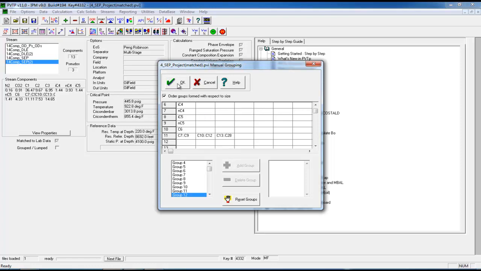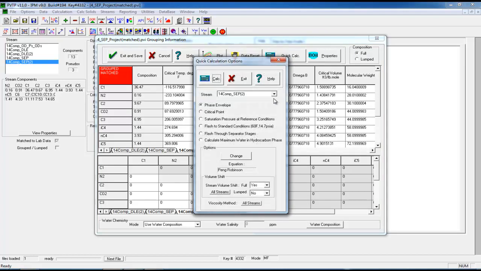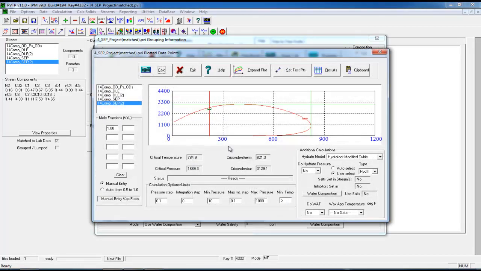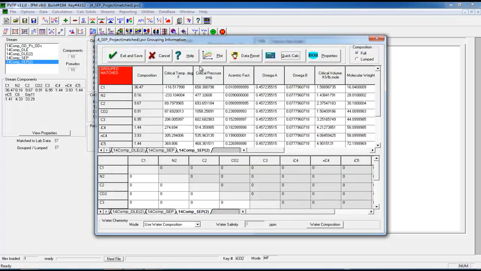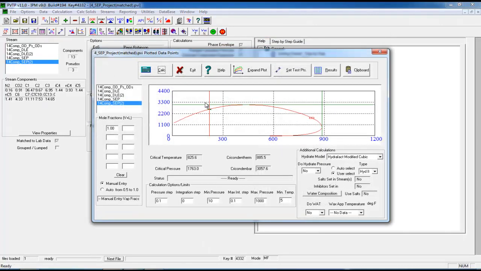So if I press OK, they give me this window to be able to calculate the phase envelope. You can see that when we lump those together, the bubble point is shifted. So now I canceled this to show you that the bubble point was matched, but after we lump, it's shifted.